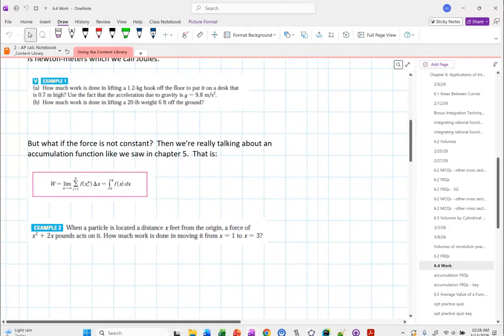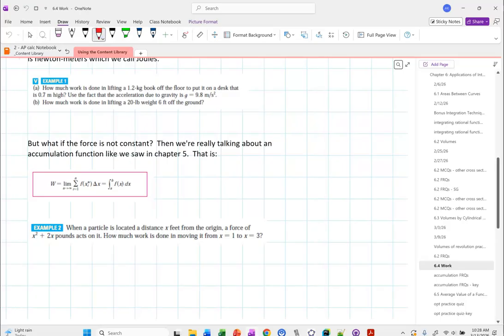Example part A. This is a physics problem, like from your non-calculus based physics class. It says how much work is done lifting a 1.2 kilogram book off the floor to put it on a desk that is 0.7 meters high. Use the fact that acceleration due to gravity is 9.8 meters per second squared. What is G?